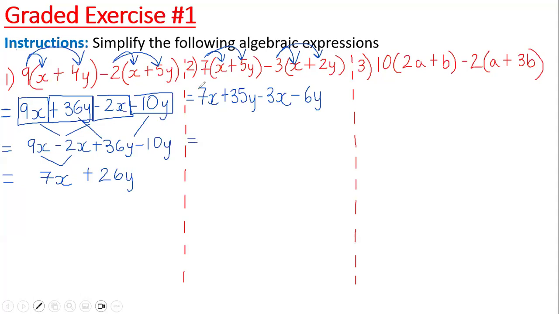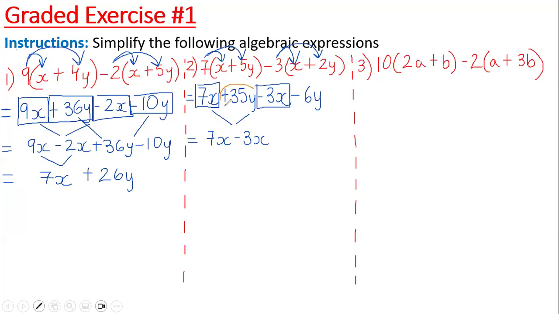It's going to be equal to, we group the like terms, right? So it's going to be 7x and negative 3x. We group these together. It's going to be 7x minus what? 3x. Negative 3x. And then we have what?